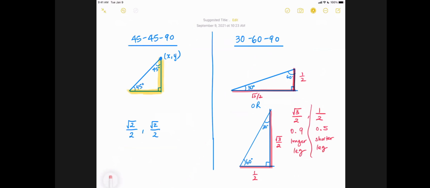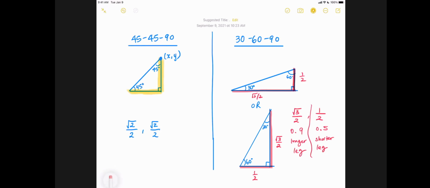For the 30, 60, 90 case, here are the two pictures of where the 30-degree angle is in the bottom left corner versus the 60-degree angle. If you draw these accurately, it's better to exaggerate it a bit to see it.